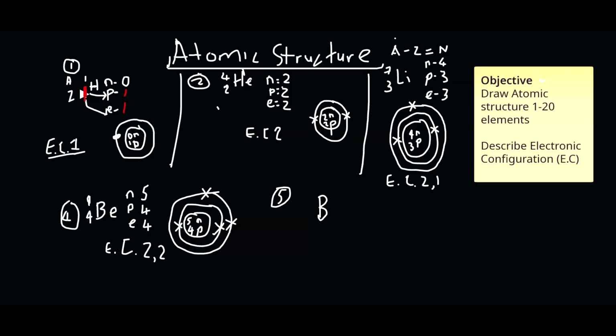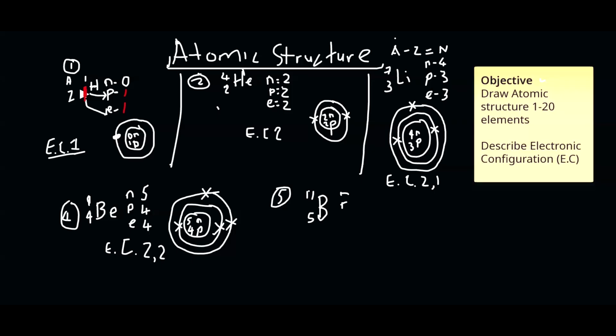What's the mass number for boron, Morgan? Boron. 11. Yes. Good. So again, regular procedure, right? N equals 6.